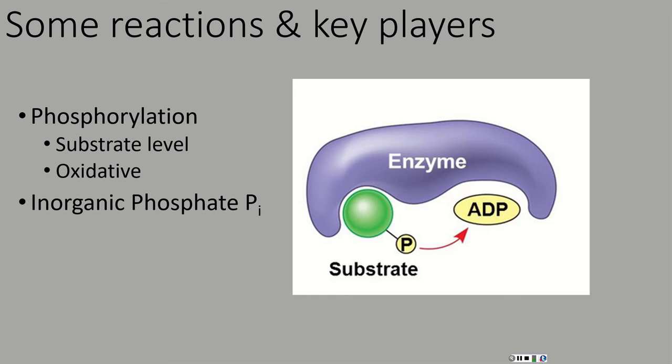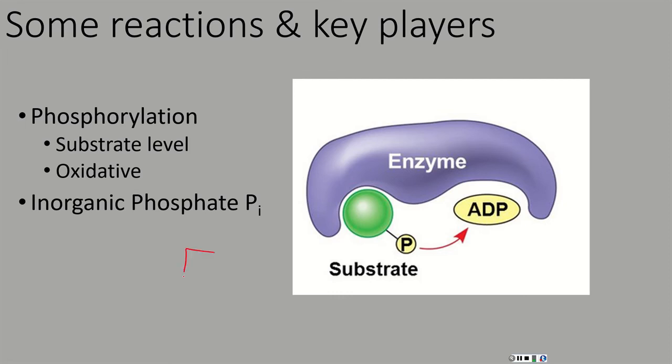Phosphorylation is really defined as moving a phosphate group from one molecule to another molecule. We're taking a phosphate that is attached to something and moving it to something else. But we could be even more specific and just say attaching a phosphate group to something is phosphorylation.